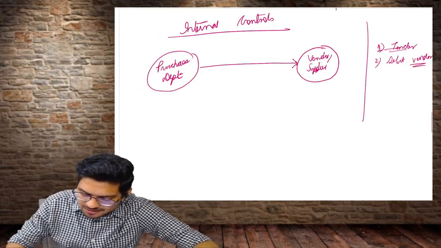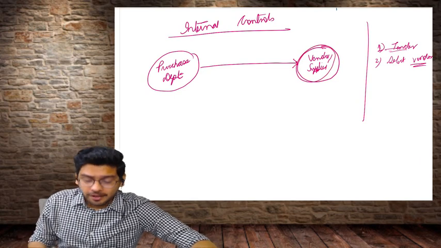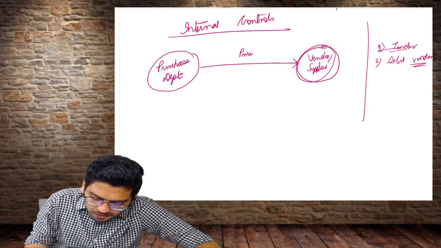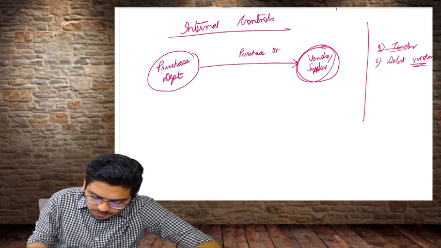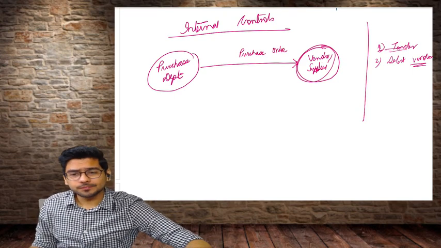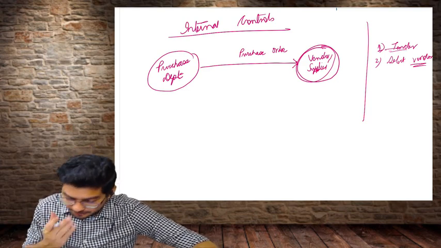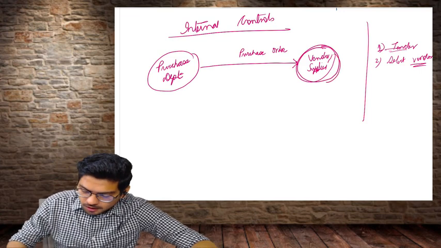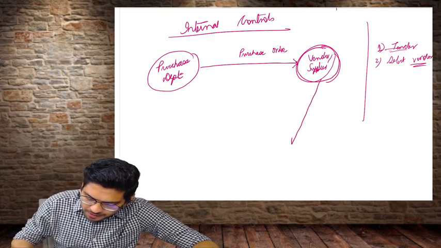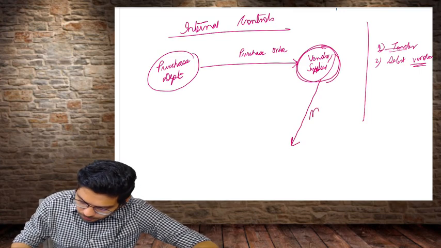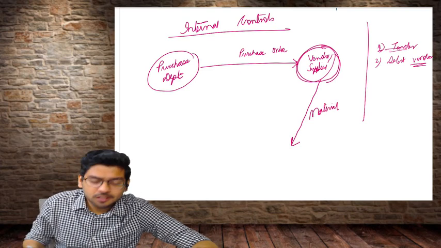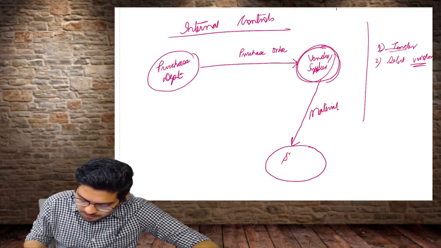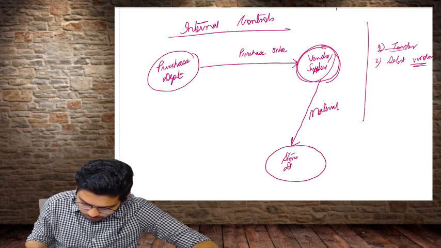When they select the vendor, the purchase department is going to give them their order in a document which we call what? Purchase order. Now please understand, on the basis of this purchase order, the vendor is going to supply the material. The material is going to come now. The material will be received by whom? The material will be received by the stores department.